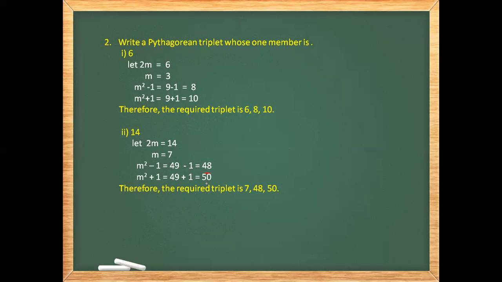Now see children, up to this, what have we learned? We have learned about square numbers. Now see, square roots. Now see what is meant by square roots. See children, for addition, what is the inverse operation?